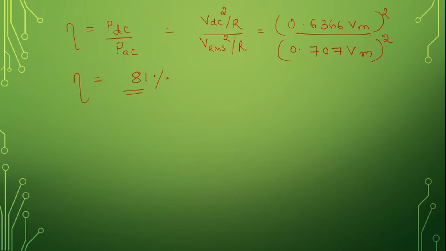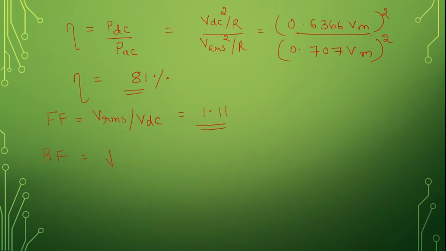Next is form factor. Our form factor is nothing but VRMS by VDC. On substituting VRMS and VDC, we get the form factor as 1.11. Next is ripple factor.